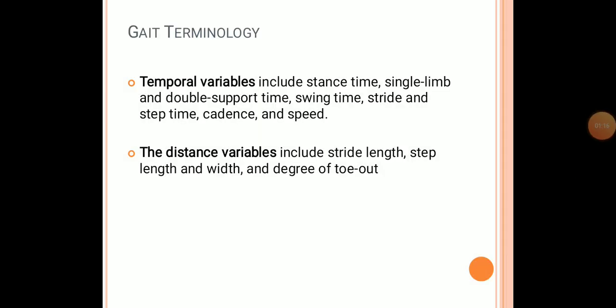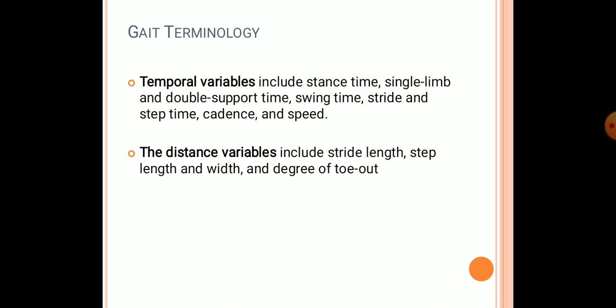So temporal variables. These are the variables which include stance time, single leg and double support time, swing time, stride and step time, cadence and speed. All the determinants which come under this time measurement are considered temporal variables, whereas the measurable determinants in the gait are known as the distance variables.